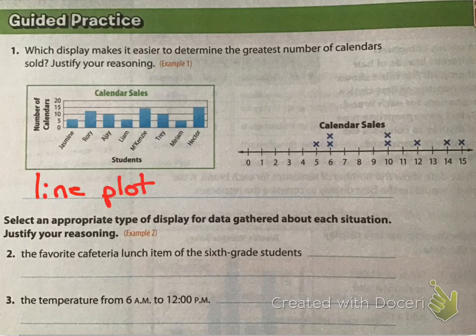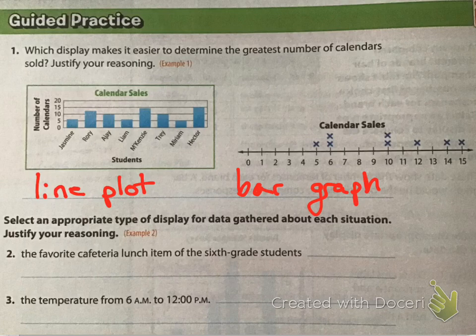But would you have been wrong to make it a bar graph? No. In fact, the thing about bar graphs and line plots is it also depends on how much space you put between your data. So you see how each of these lines here represents 5? That makes it kind of hard to see when our data points are small, when we've got people who sold 5.